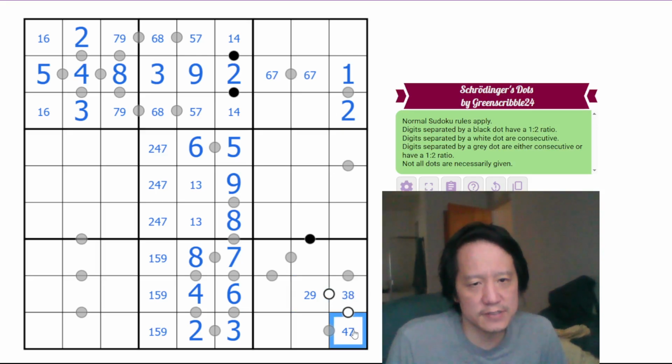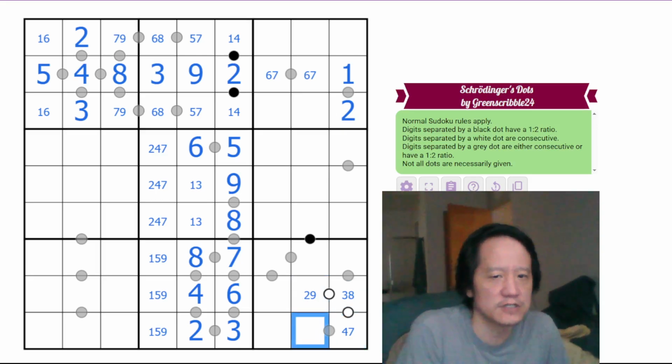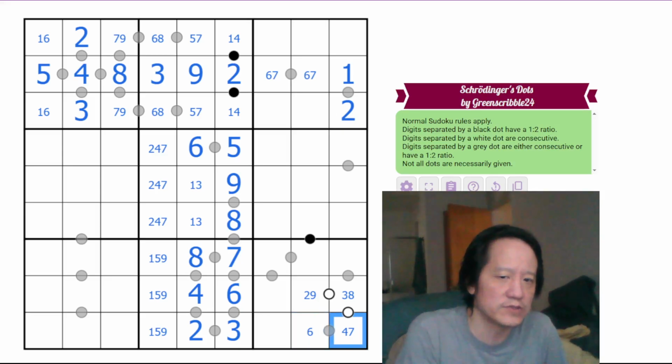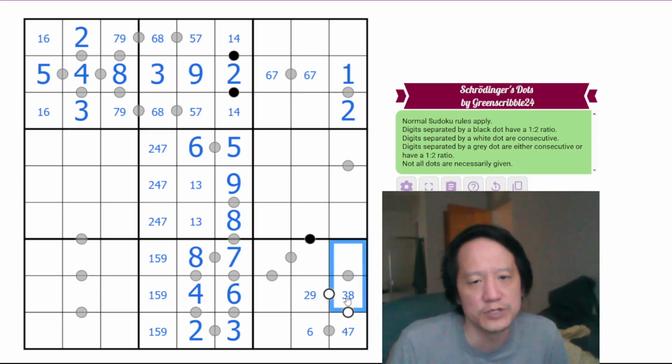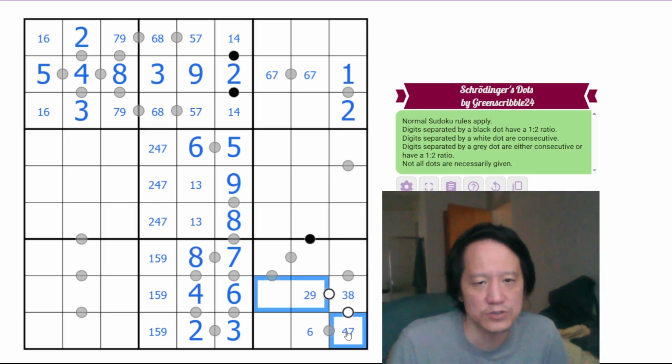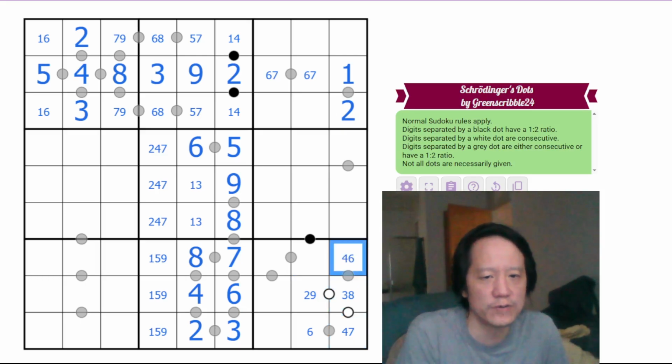If this is 987, this has to be a 6 because that's the only digit that's consecutive with it. This can't be consecutive, so this has to be a 1 to 2 ratio, because any digit is only consecutive with two other digits. So it's only consecutive with these two. Therefore, this is 6 or it's 4.